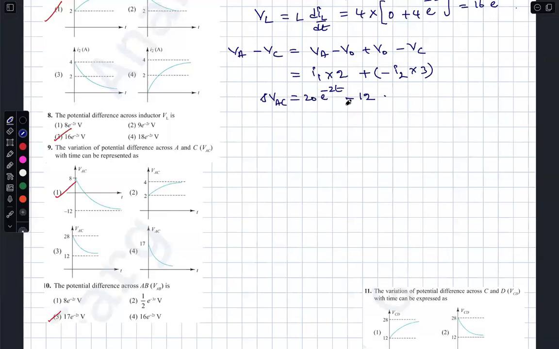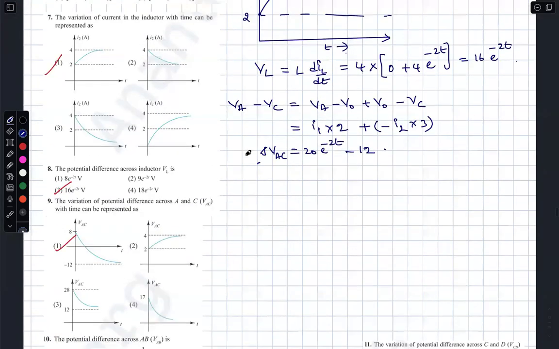Put t is equal to 0, you will get 8. Put t is equal to infinity, you will get minus 12. So the graph should run between 8 to 12, and it is an e power minus 2t graph. So exponentially falling. So the first option is correct.